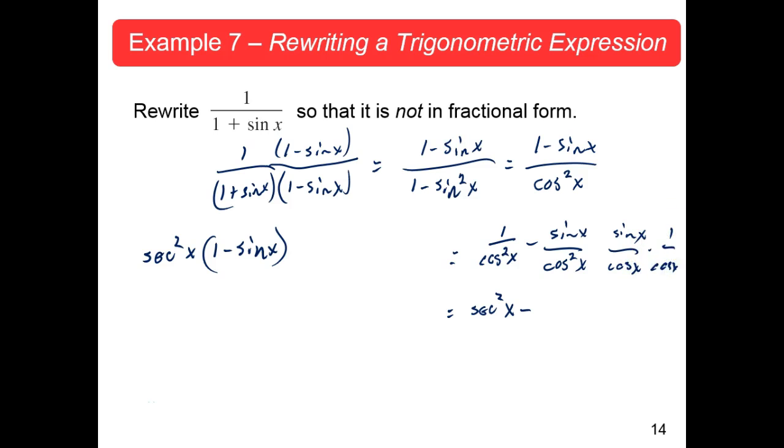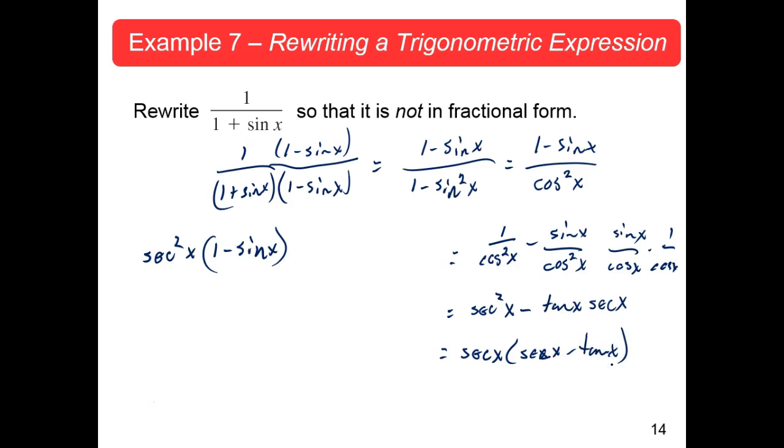What's sine over cosine? Tangent x. And 1 over cosine? Secant x. Now, from that, if you wanted to take it one more step, which I'm not sure they do, you could factor out a secant x and leave it as secant x times secant x minus tangent x.